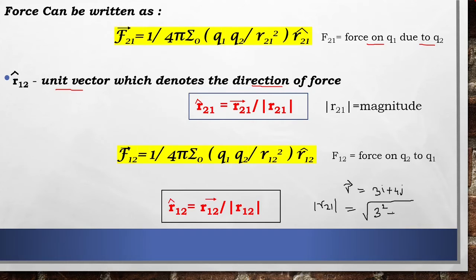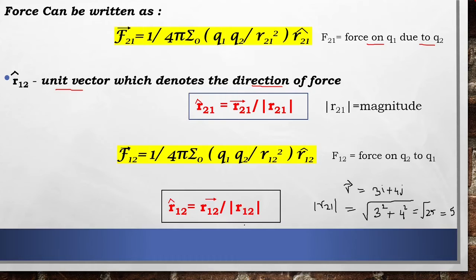That is equal to root of 9 plus 16, that is root of 25, that is equal to 5. So this is how you will find the magnitude of a vector quantity. Now can you tell me what will be the R cap? R cap is equal to 3i plus 4j by 5. So this is how you will find the unit vector.